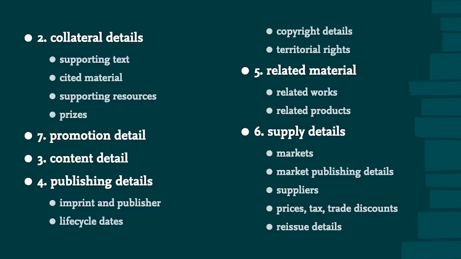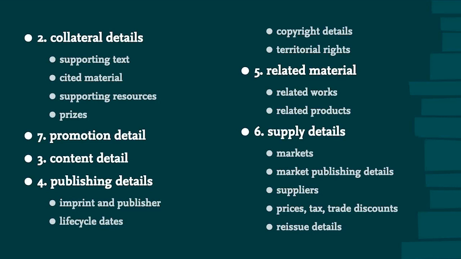The newest part of Onyx 3 is block 7, promotion detail. This is a new part of Onyx that allows you to send data about events, readings, signings, book promotion tours, etc. Could also be interesting for audiobooks.